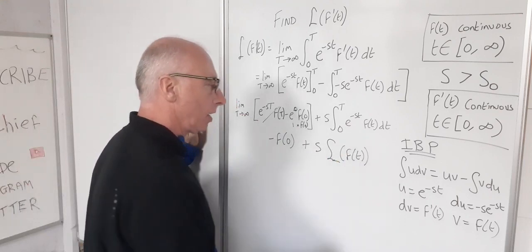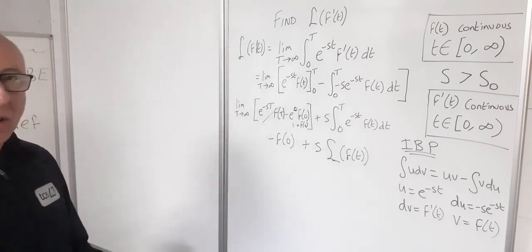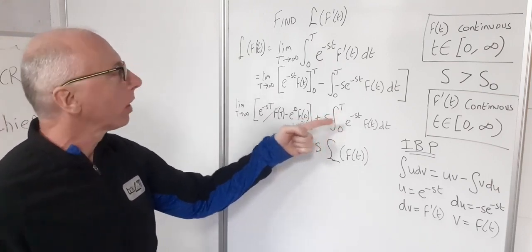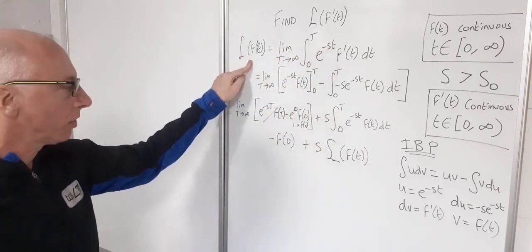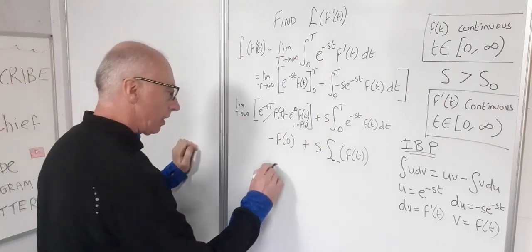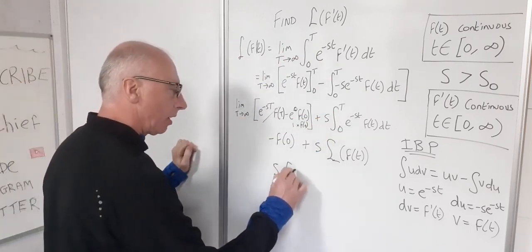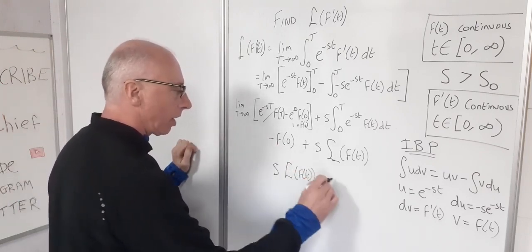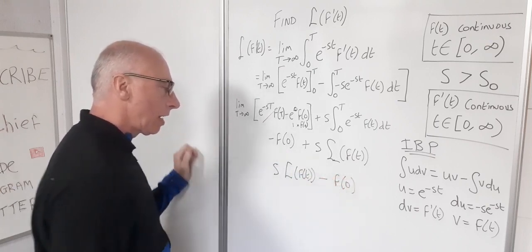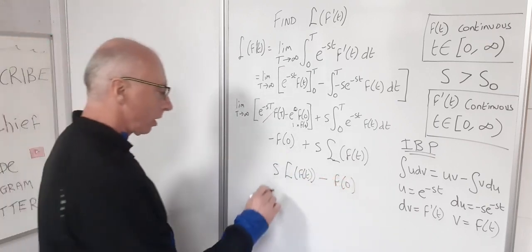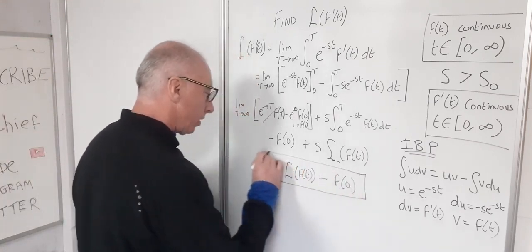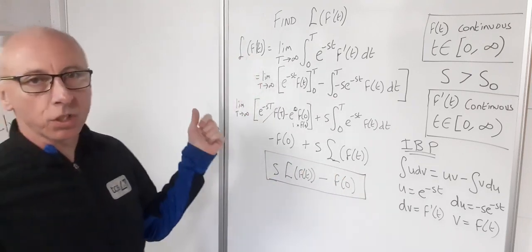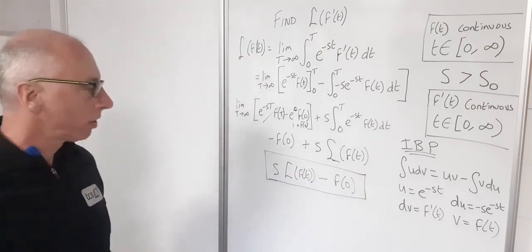Okay, so therefore we seem to have got to our solution here, because our integral does not need to be calculated because that's the representation of the Laplace transform. So now let's rewrite it as s times the Laplace of f of t, minus, we've got the minus sign here, the value of the function at 0. And that's where we could stop. So that's our Laplace transform of our derivative for any function when we're trying to use it for linear differential equations. So there we go.